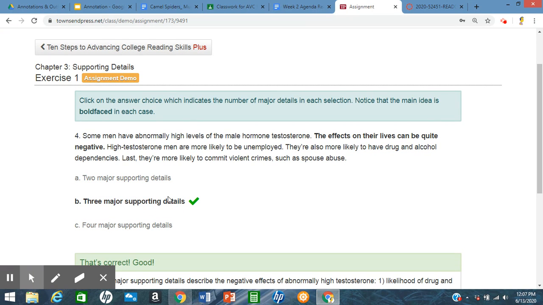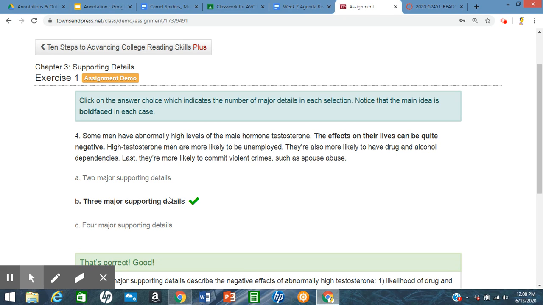So hopefully you found this video helpful for locating supporting details. Again, remember, you have your main idea. And then you will have supporting details that follow to support that main idea. With those major supporting details, there are differences between a major detail and a minor detail.